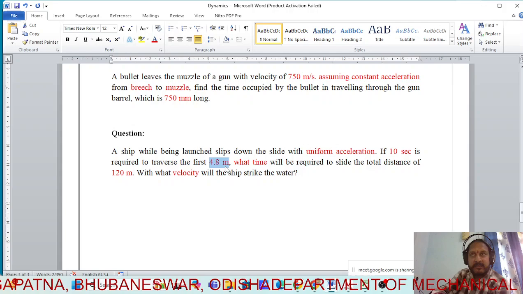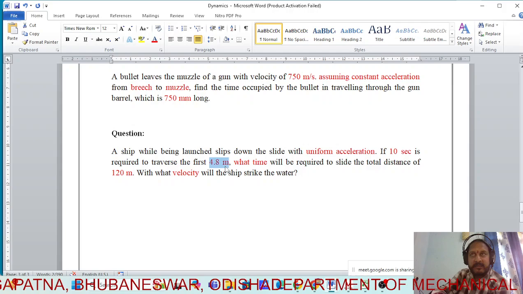Now in the second case, when S2 is 120 meter, what time will be required to slide the total distance of 120 meter?